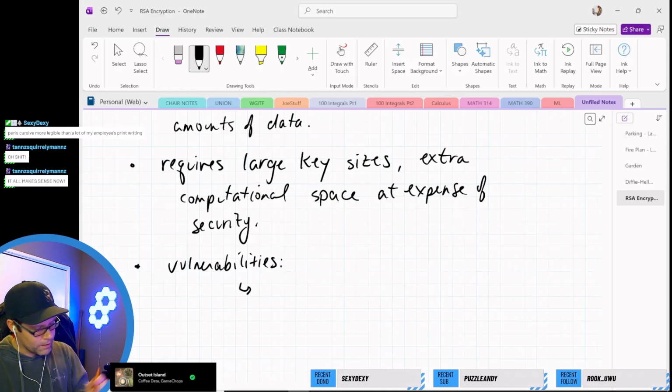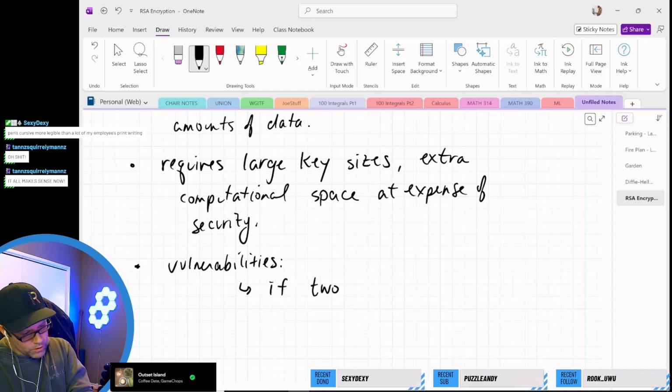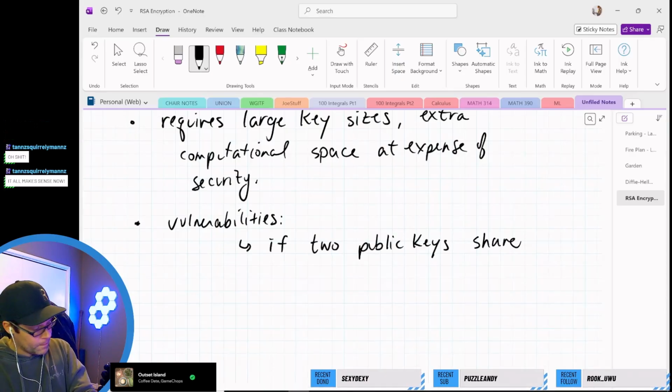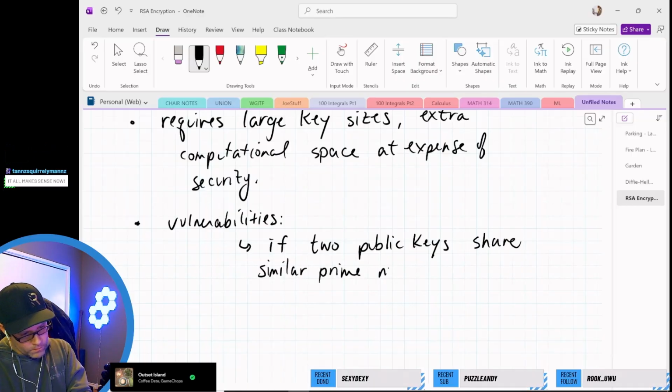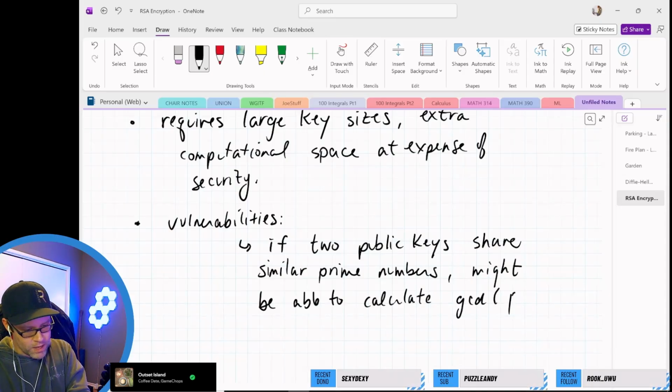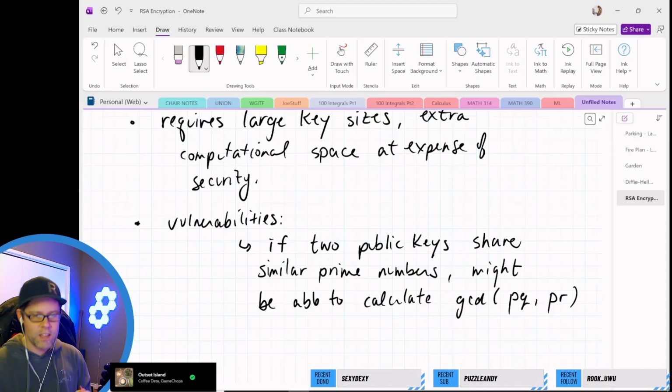If two public keys are known, so if two public keys share similar prime numbers, I wrote down you might be able to calculate the GCD of PQ, which would be the first N, and then PR, which would be the second N that somebody else is using.